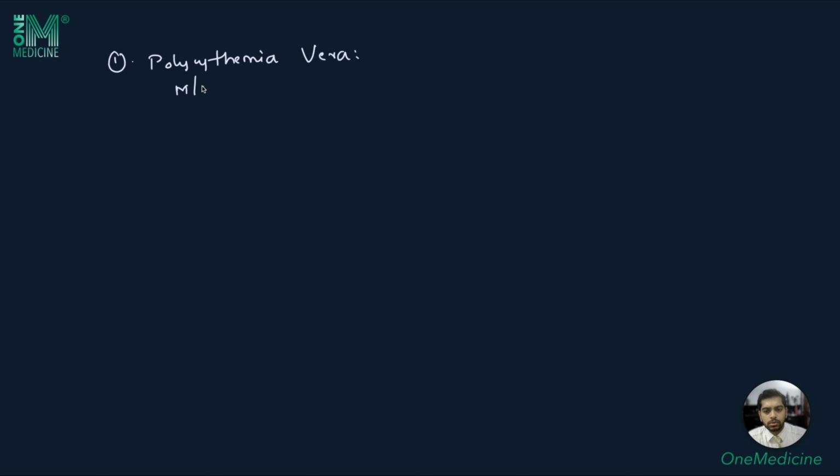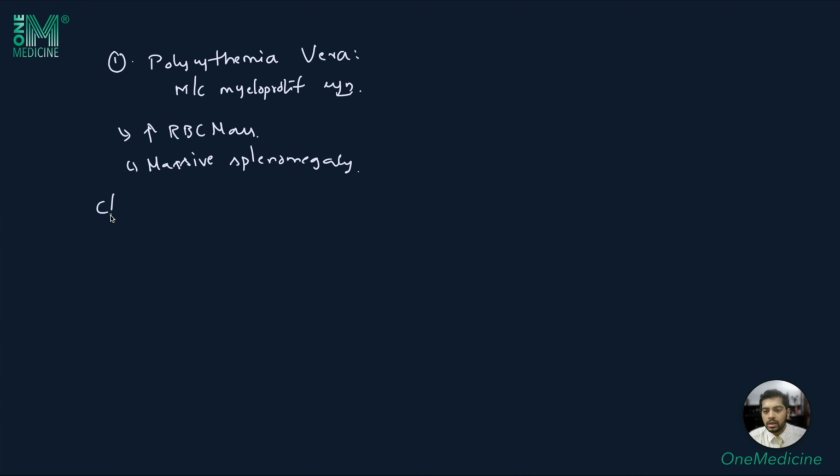The first subtopic of myeloproliferative syndromes is polycythemia vera. This is the most common myeloproliferative syndrome. It is characterized by an increased RBC mass. There can be massive splenomegaly. The clinical features are due to increased blood viscosity.